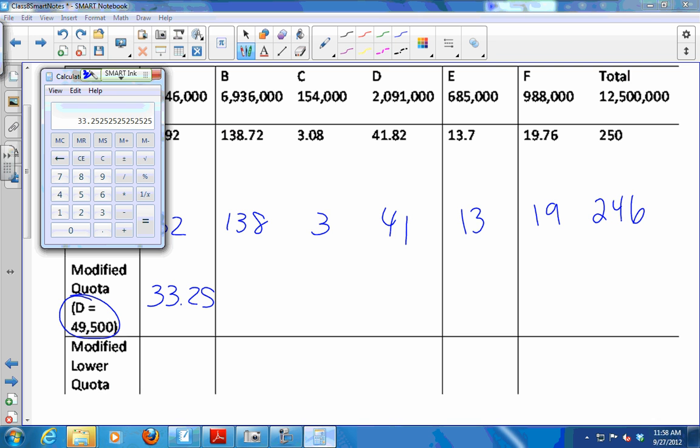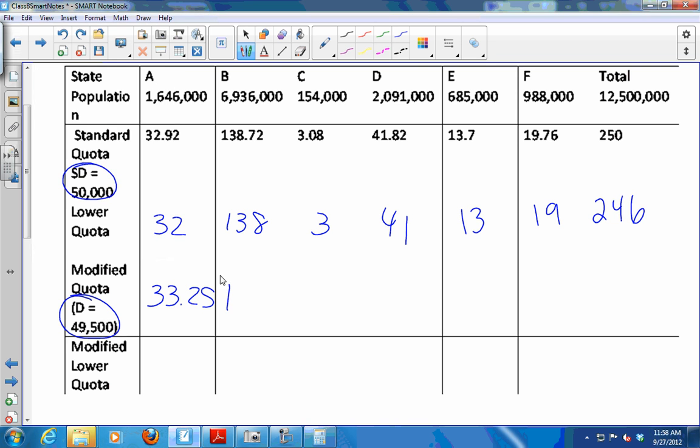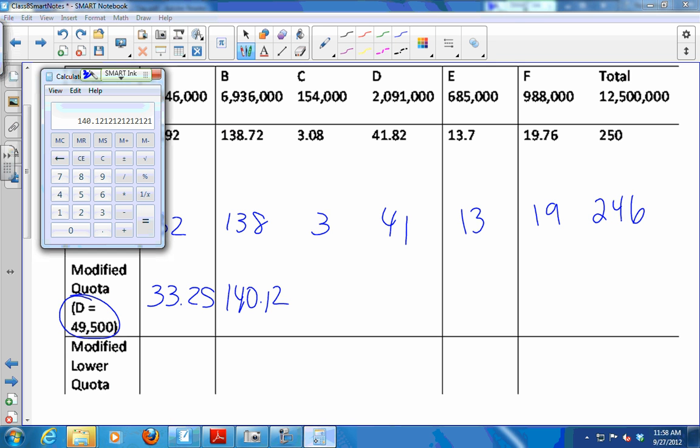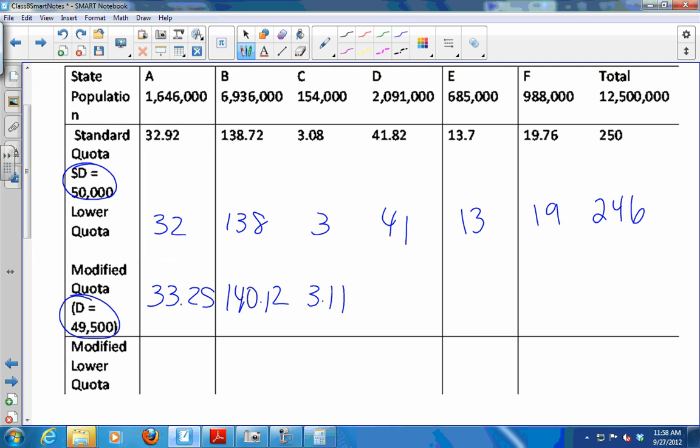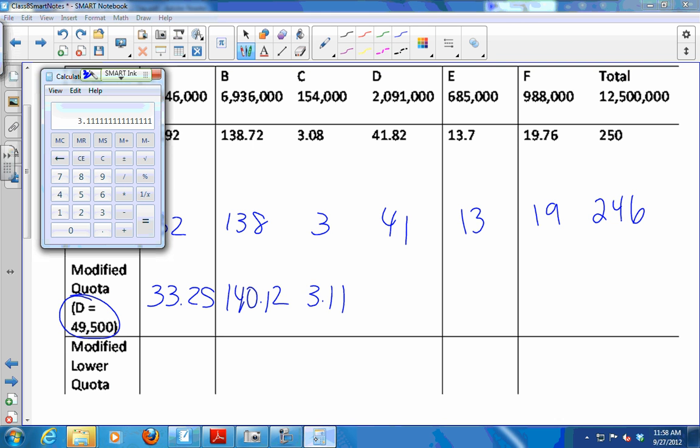All right, so let's do 6,936 divided by 49,500, and I get 140.12. And 154,000 divided by 49,500, 3.11 repeating.